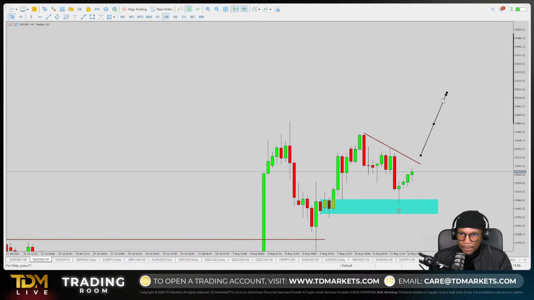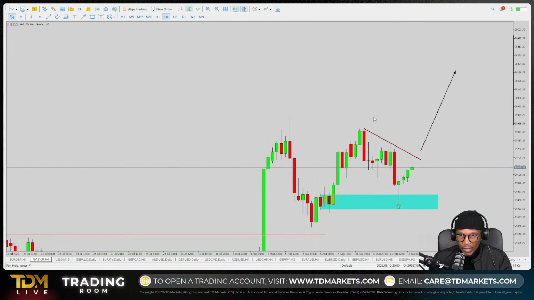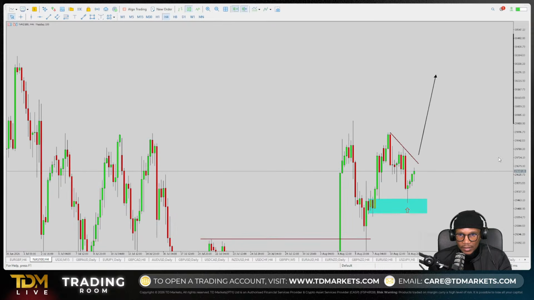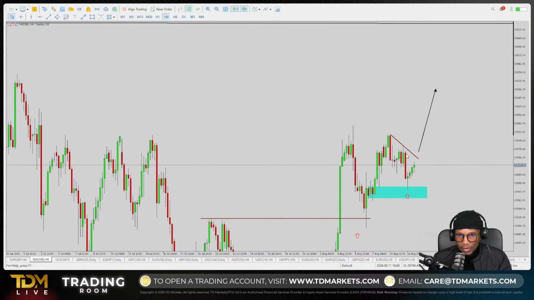If it happens that price comes back down here again one more time, we're still looking for this. If price goes down one more time, still looking for this, all right? So a breakout of this counter trend line.